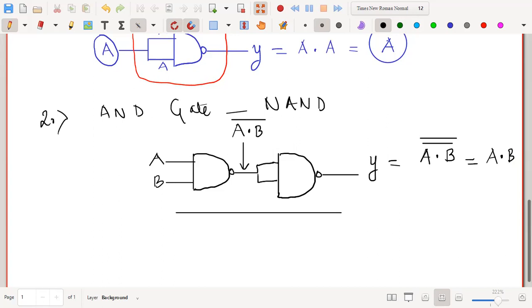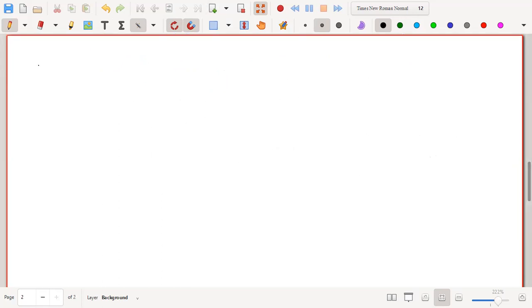Okay. Similarly, we can also use this to design the OR gate. So last one, let us see how we can design an OR gate using NAND.